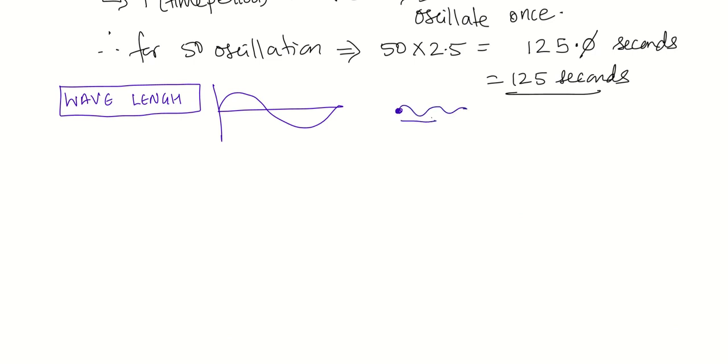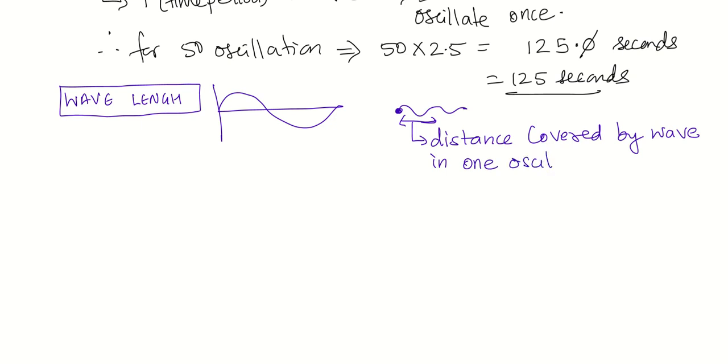So the distance covered by the wave in one oscillation is known as wavelength. Okay, the length of that wave. So what is important is the distance covered by the wave in one oscillation.